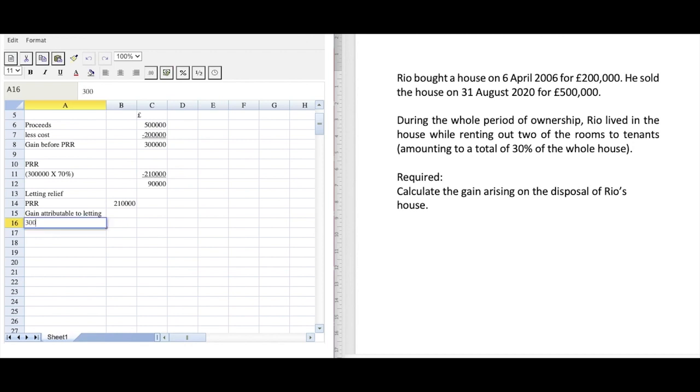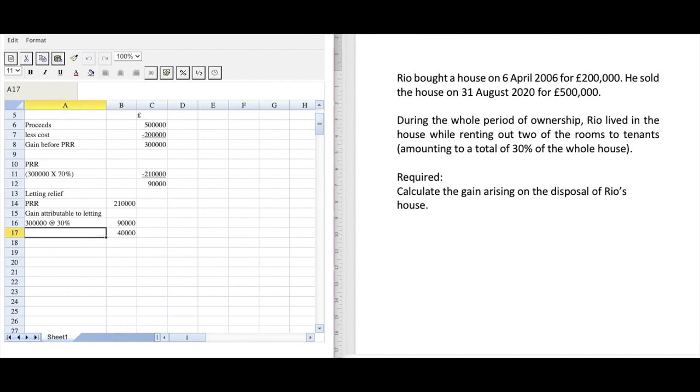So we're going to take the gain before any relief, and we're going to multiply that by the proportion that is rented out of the property, which was 30%. Which means the gain attributable to letting of the property is 90,000. And the last figure that we compare to is 40,000.